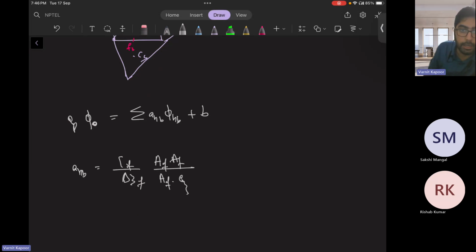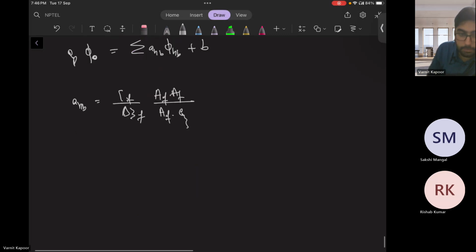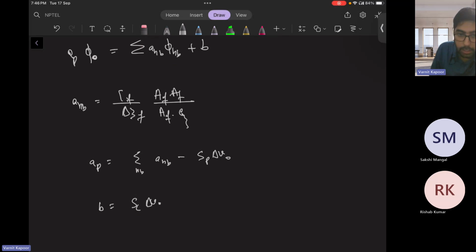Right? And this is your A and B. So AP can be written as neighboring A and B minus your source SP delta V naught. And B, the constant term, can be written as SP delta V naught plus neighboring cells' secondary gradient as well.